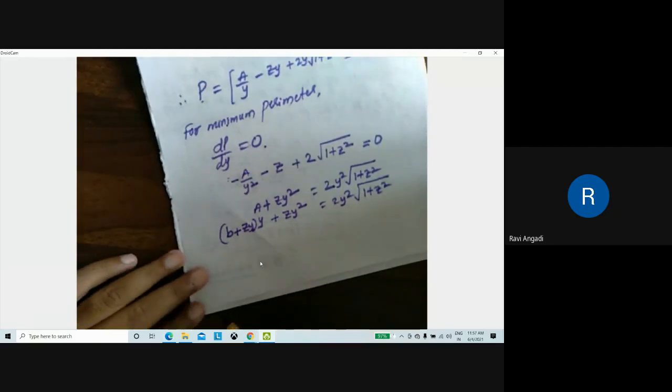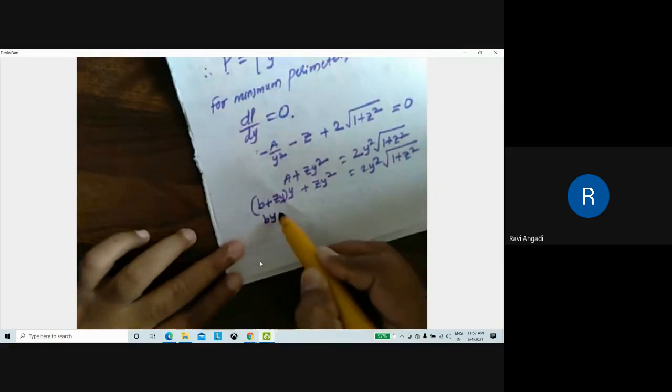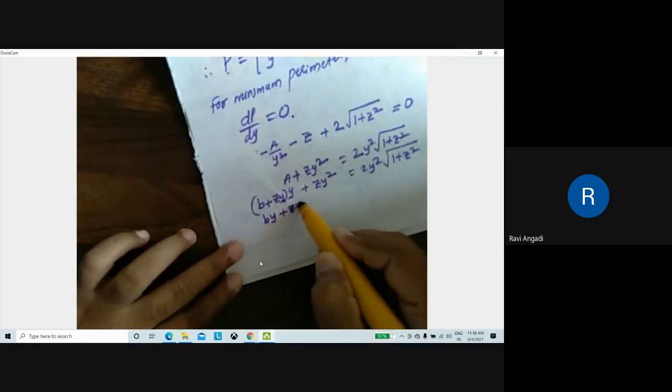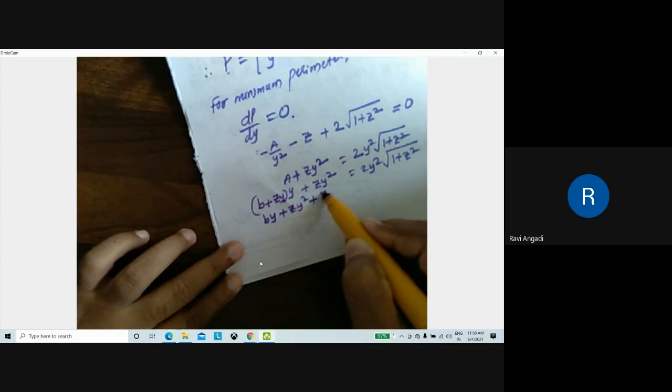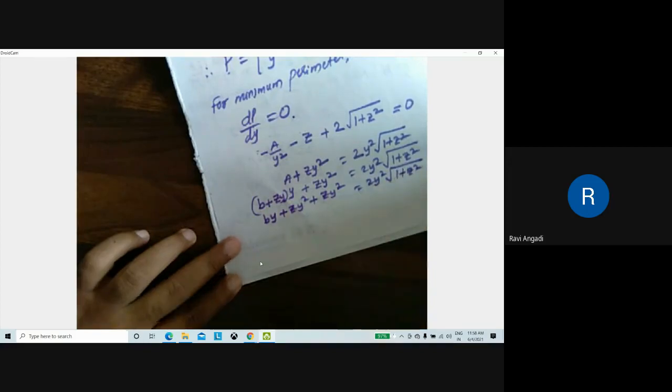Then simplify it. If I multiply this with y, I get by plus zy square plus zy square is equal to 2y square root of 1 plus z square.